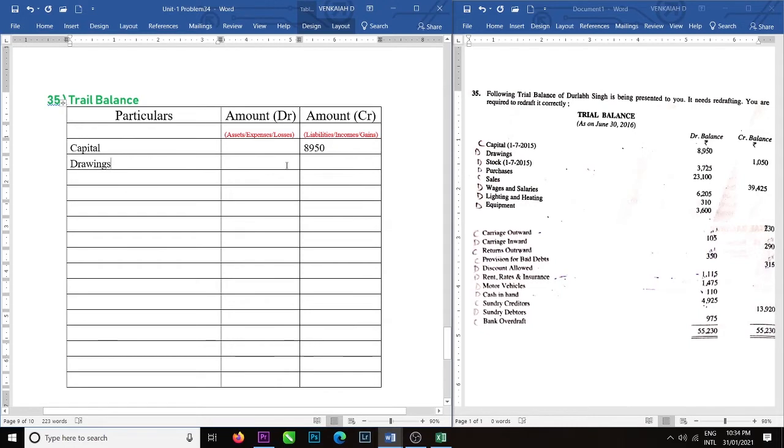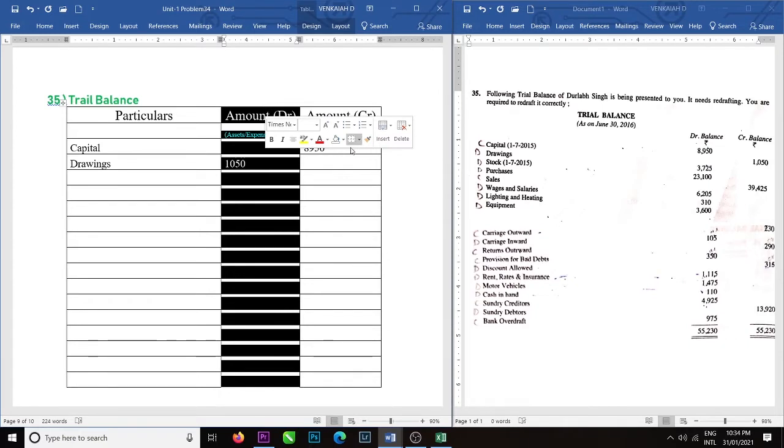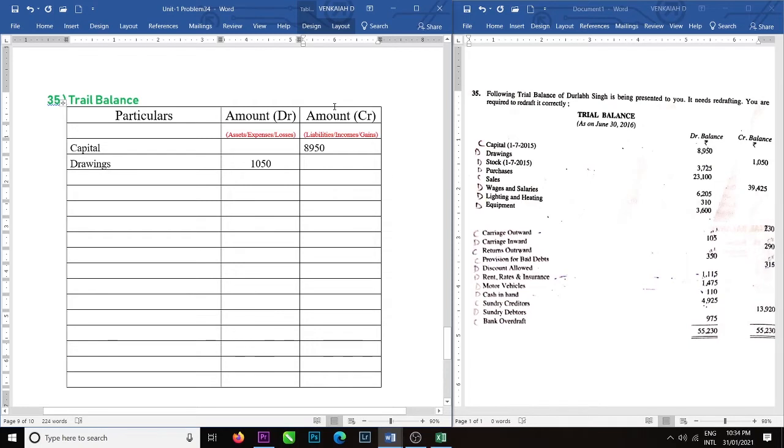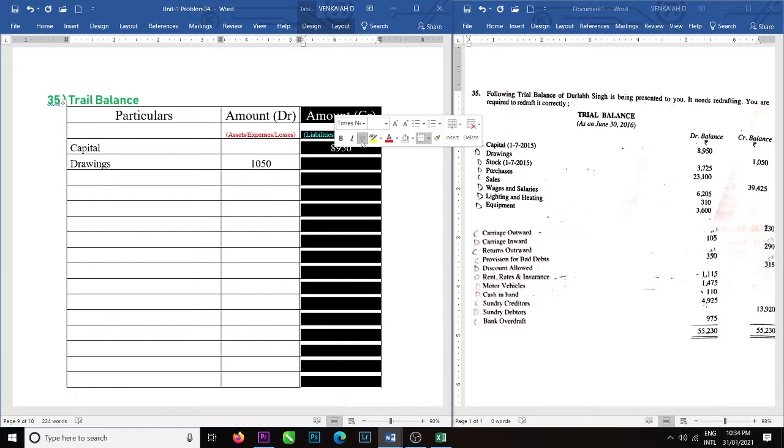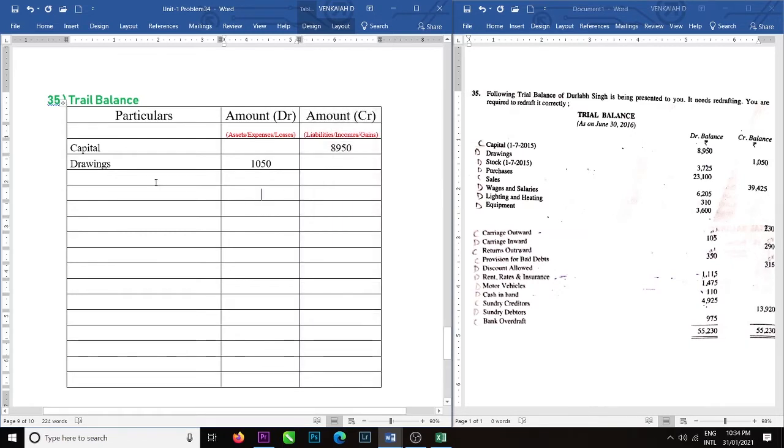Amount is 1050. Next is stock, opening stock 3725. Purchase is always debit, sales always credit.